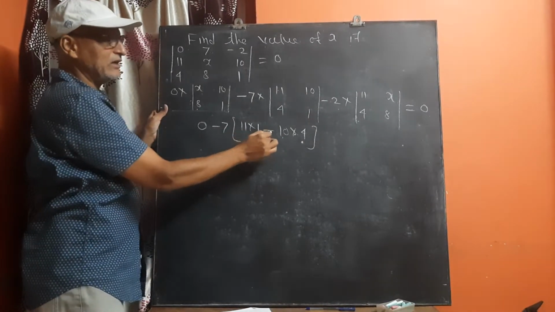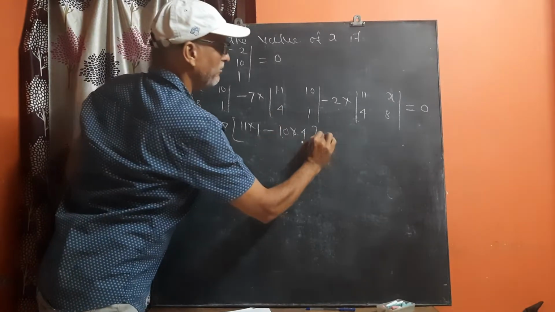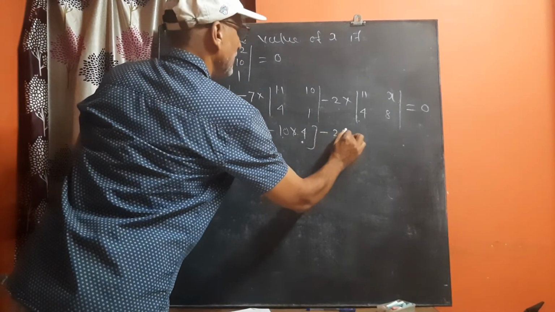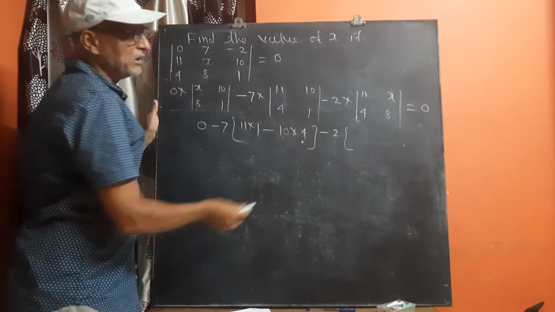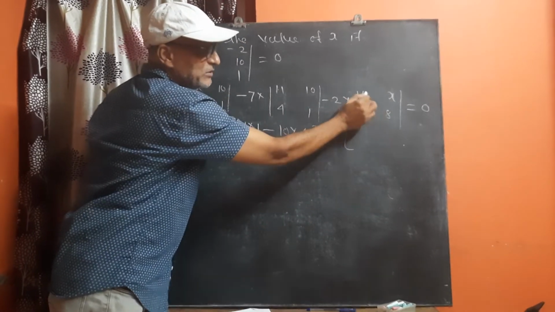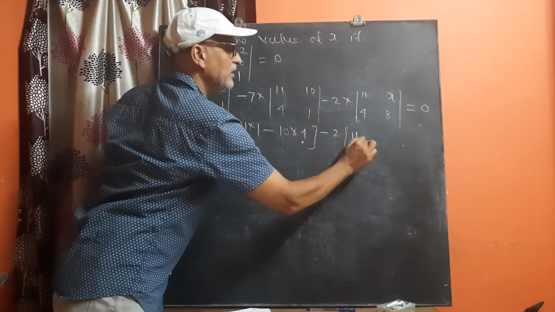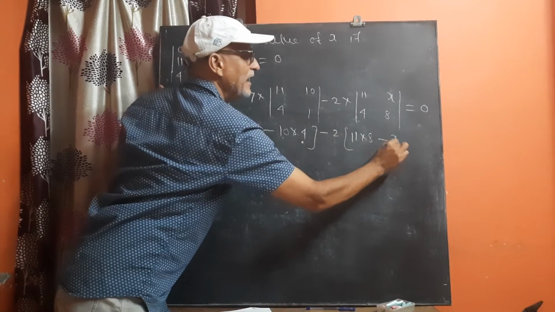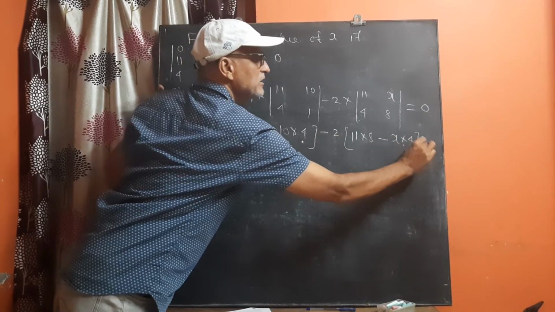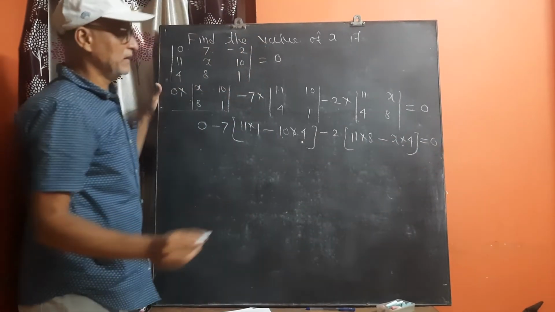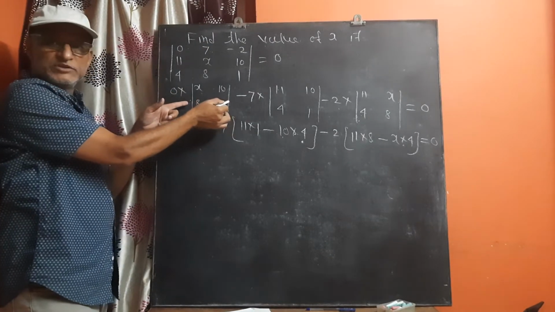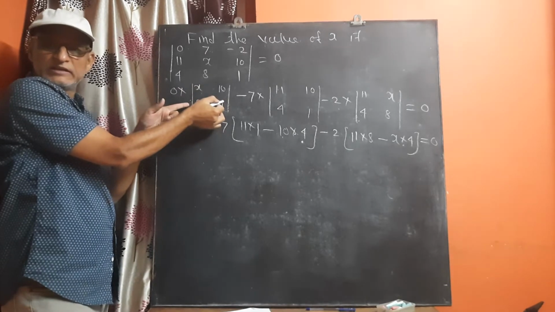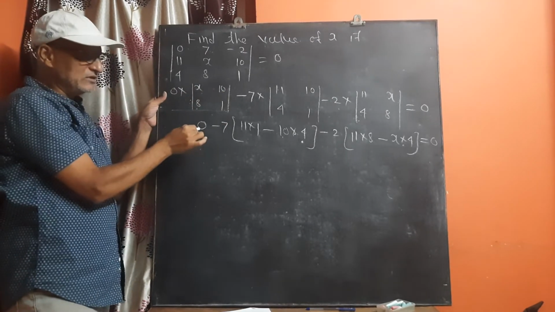So 11 into 1 minus 10 into 4, minus 2 into, in bracket, again product of forward elements, that means 11 into 8, minus product of backward elements, that means x into 4, is equals to 0. 0 into anything that will be 0, इसलिए मैंने इसको सिंप्लीफाई नहीं किया है, आपको भी इसमें सिंप्लीफाई करने की कोई जरूरत नहीं है. So 0 into anything that will be 0, so this will be 0.